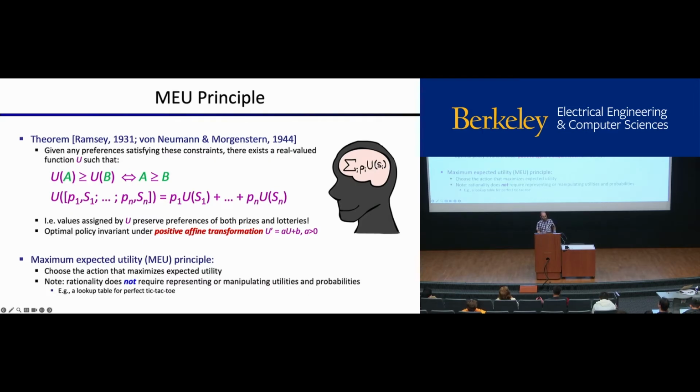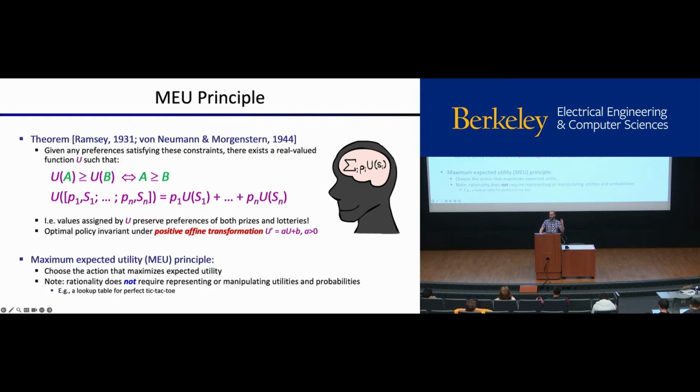So the maximum expected utility principle is choose the action that maximizes expected utility. And if you're rational in the sense of maximizing expected utility, that doesn't necessarily mean that you are explicitly thinking about utility, or that you've heard the term utility, or that you have any idea about what probabilities are.